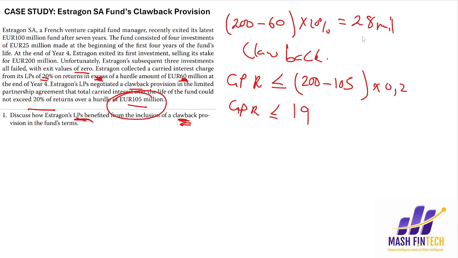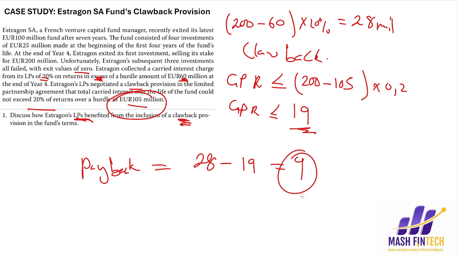But you see that earlier they were given 28 million. They can't get more than 19, which means if they are getting 19, they have to pay back part of this 28. This payback amount is equal to 9.